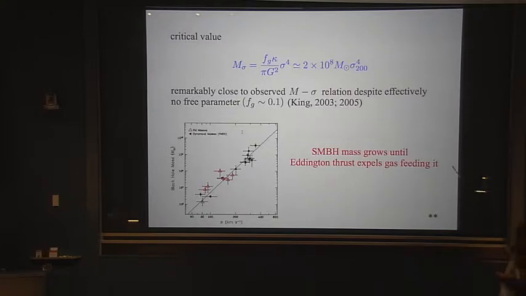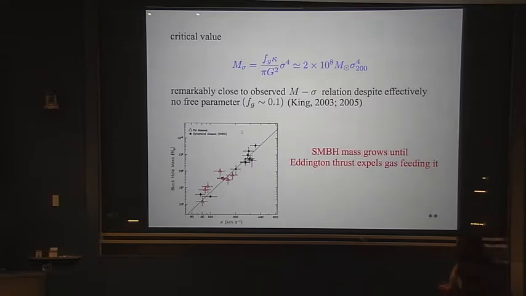So there's a limit on the black hole mass that we've said once the black hole mass approaches the bulge mass, right? This critical value determines the switch in feedback mode.